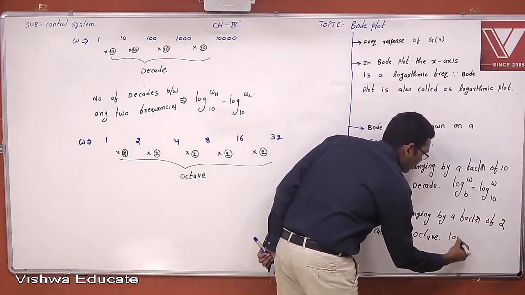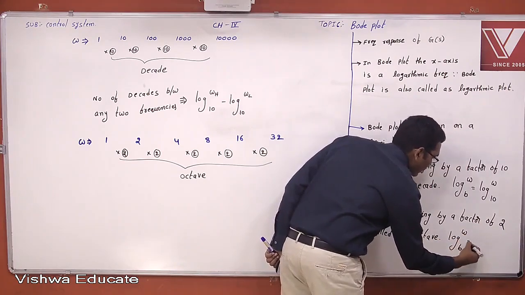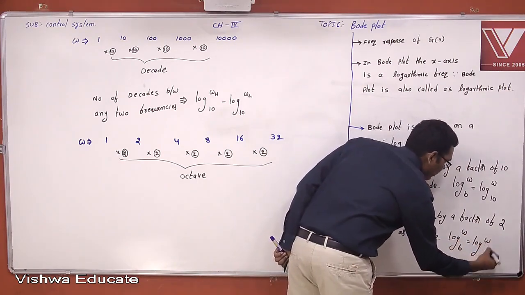Now octave, then what about the base? Now log omega base is 2.